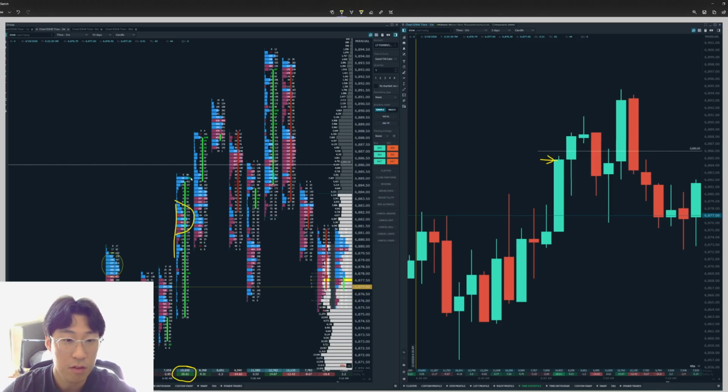But something I failed to notice, or ignored during the trade, was this right here. There were 970 contracts bought, but it wasn't able to finish. The candle was not able to follow through and hold above these buyers, so technically these buyers got absorbed.